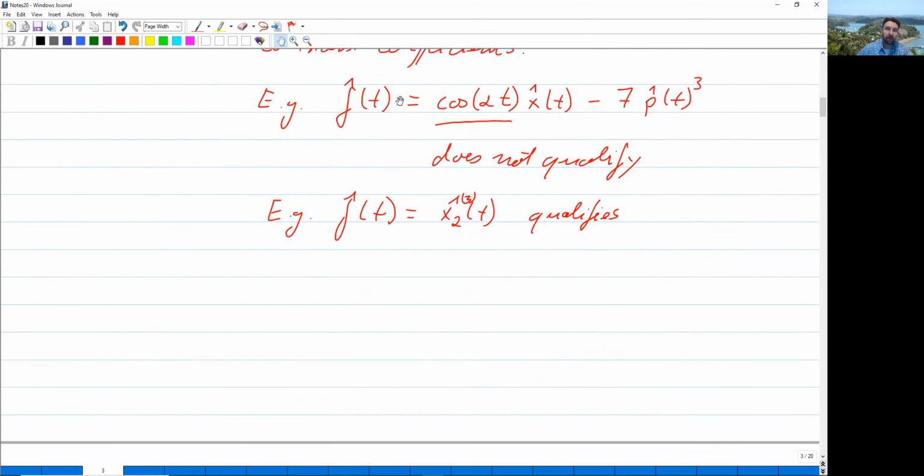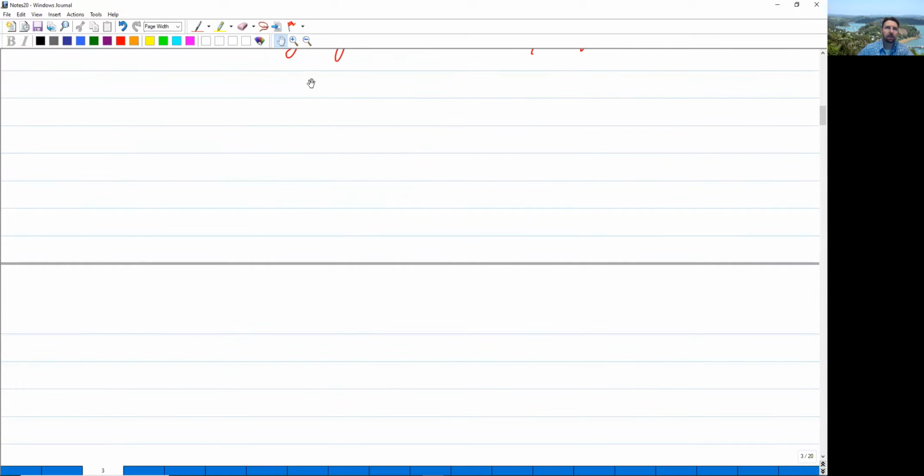Let's check one of those claims. So in particular, does the equation of motion hold?